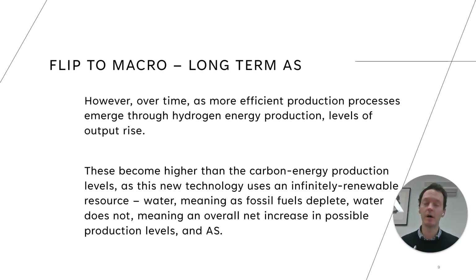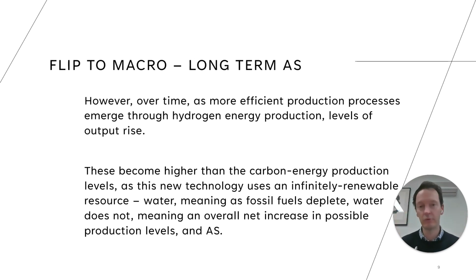It says, however, over time, more efficient production processes emerge through this new form of energy. And then this is the real tricky part of this question, because what you need to show in the long term is, if we've lost this much output in the short term, well, then this new energy can't just make that same amount of output back.